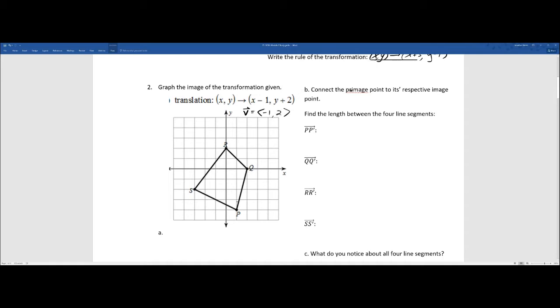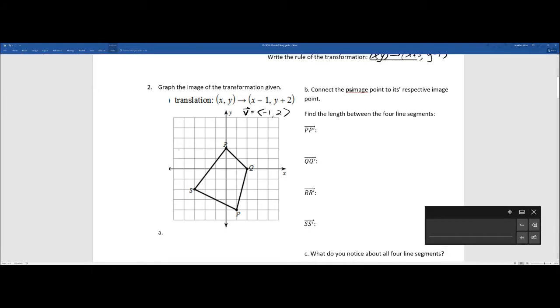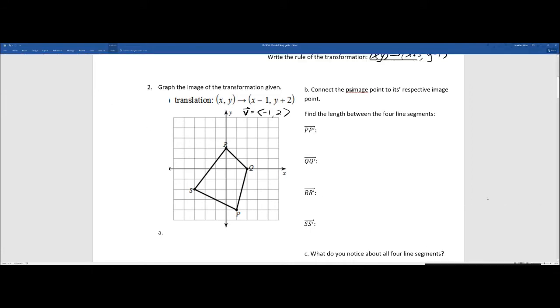For point P, let me change my pen color to something a little bit more visual here. P is going to go to the left 1, up 2, and that's where P prime will be. Q, same thing, to the left 1, up 2, and that'll be Q prime.